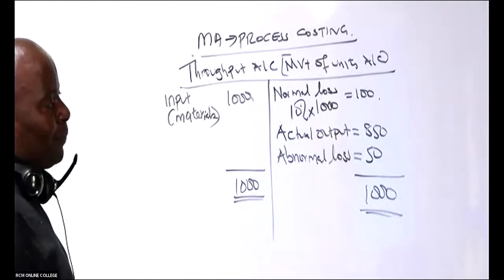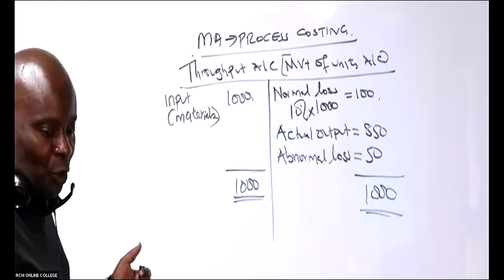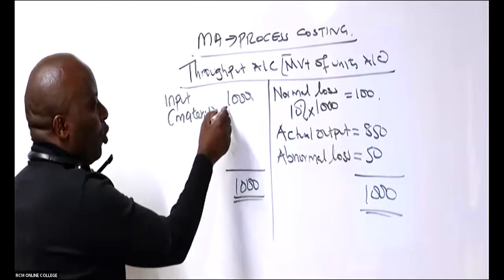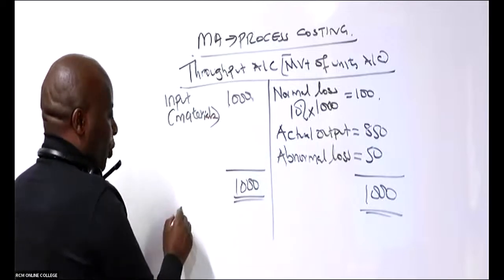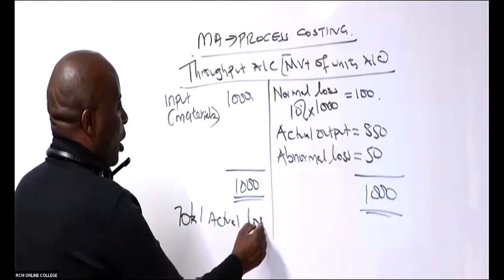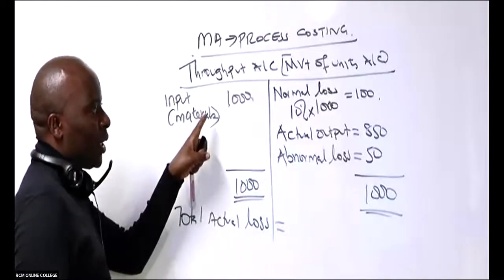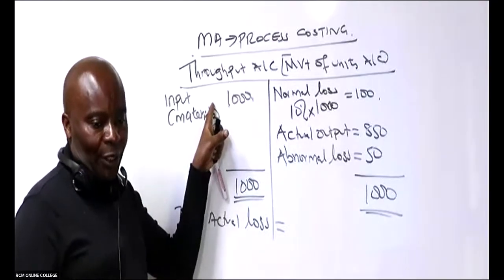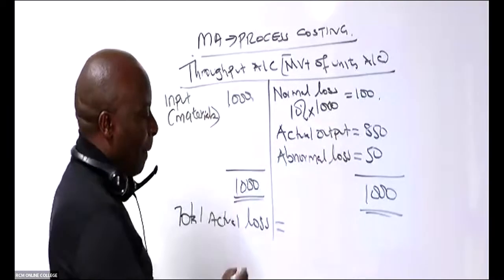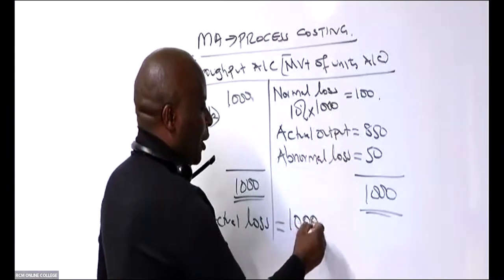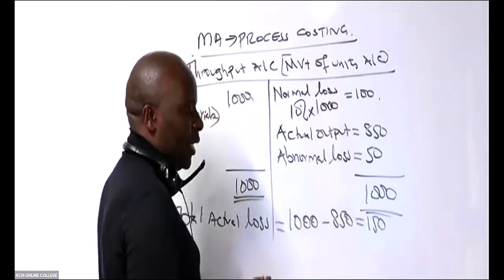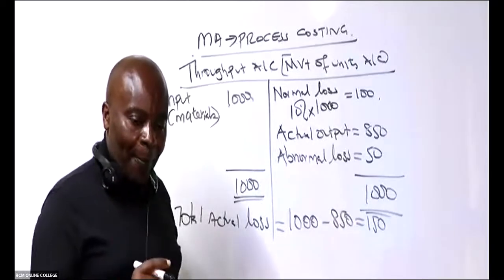50 units. Now, remember yesterday, I tried explaining that when you look at the total actual loss, into the process we put in 1,000, but we actually got 850. So 1,000 minus 850 gives me 150 as the total loss.